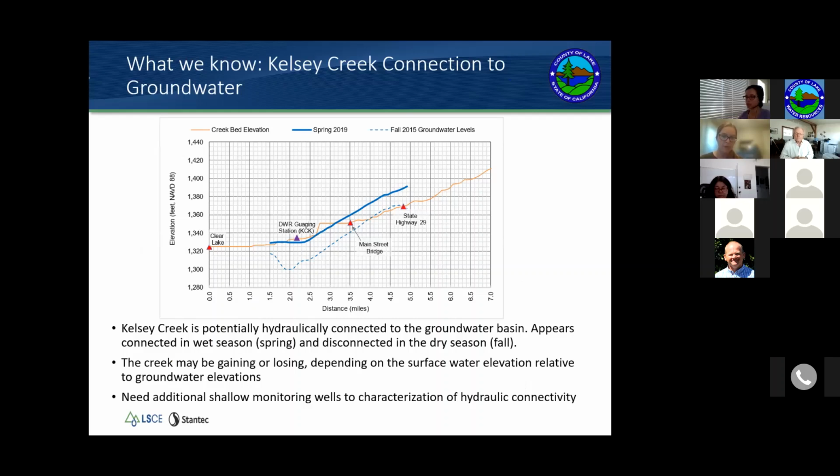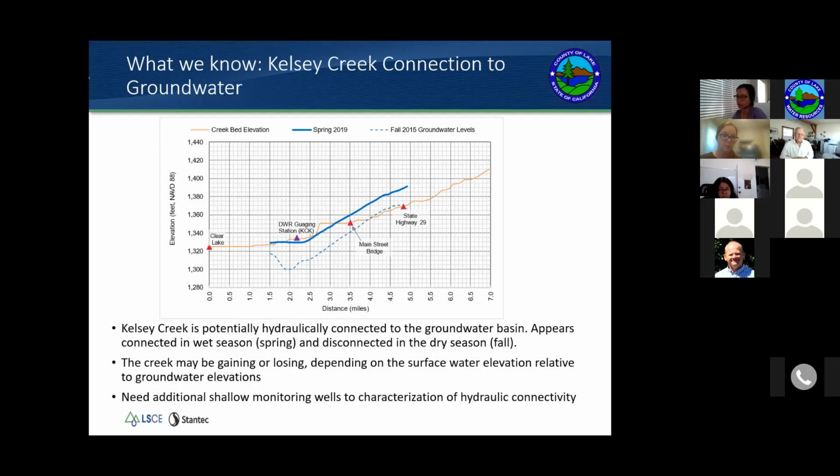So we have this chart, and it has the elevation on the left-hand side. You can see the orange line is the elevation of the creek bed, Kelsey Creek, and the blue lines are the elevation contours of the groundwater levels.